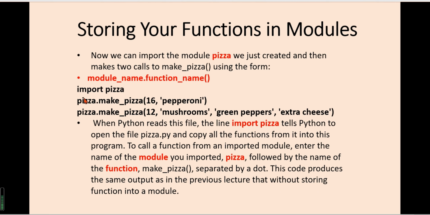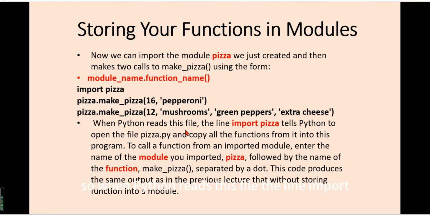Then, after importing pizza, we can use pizza.make_pizza. make_pizza is a function created inside this module file, and these are the arguments: 16 inch, and pepperoni as the topping. And this is another call, pizza.make_pizza, where 12 is the size, then these 3 toppings will be printed out.